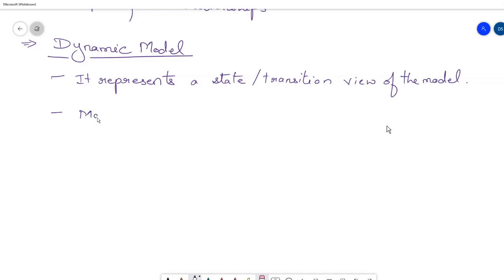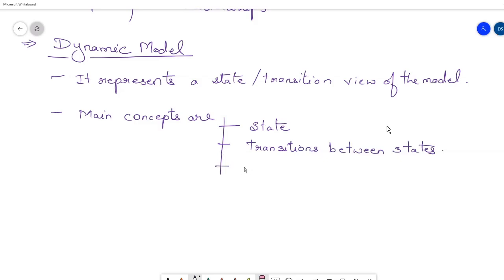So the main concepts are state, transitions between states, and events.